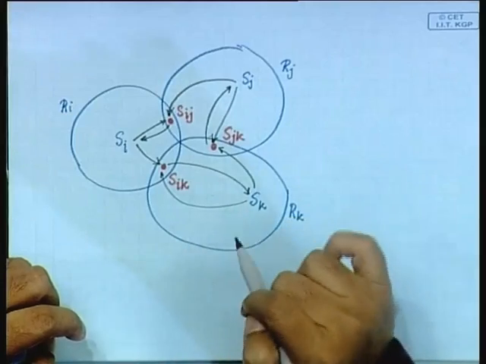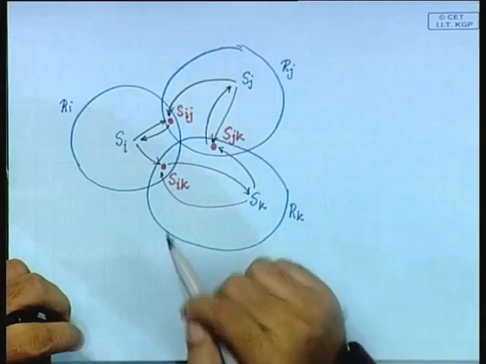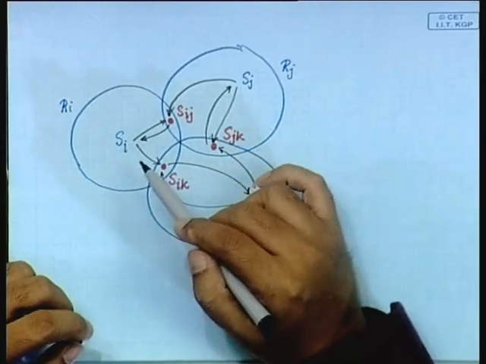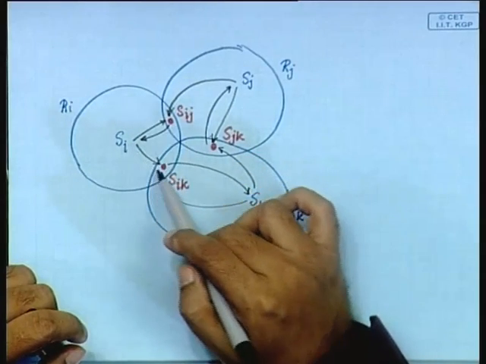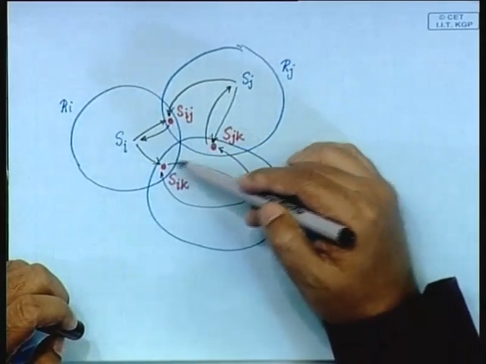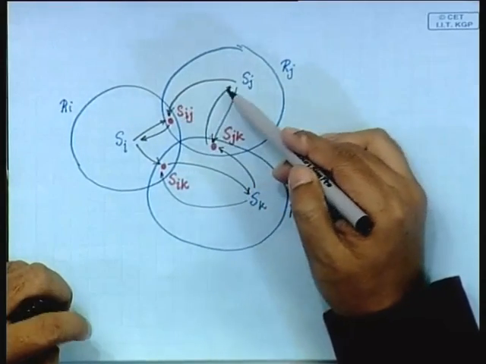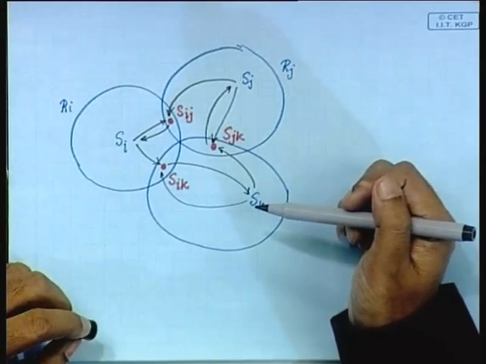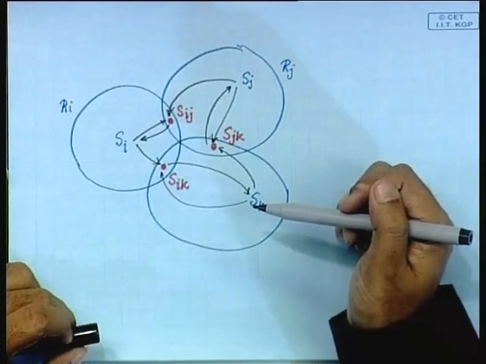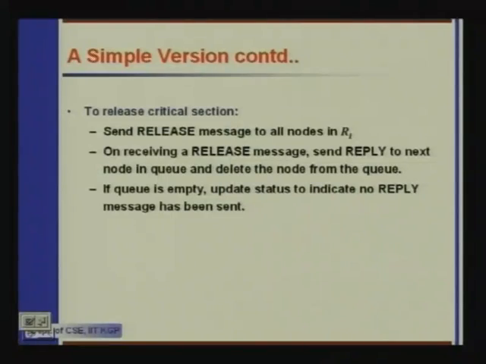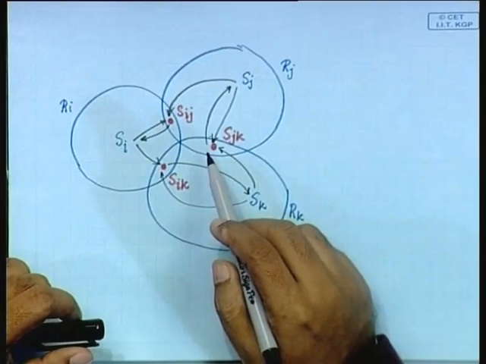So, we have a complete cyclic wait where each of these processes cannot enter the critical section because they have got permission from one member, but not from the other, and each of these processes cannot grant permission to another process because they have already replied to one of them, right. So, Maekawa's algorithm has this problem that it can lead to a deadlock situation.